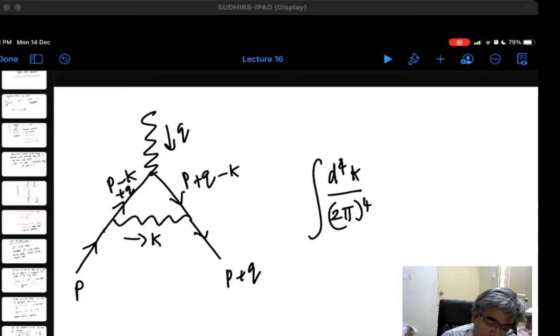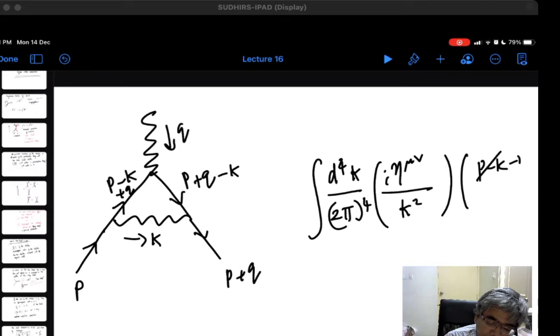So let's do the propagator. Let's just do the propagator's k square. I'm just writing the factors, not explicitly writing everything. So there will be a propagator for the photon, and then there will be a propagator for the electron, square, and then P plus Q minus K plus MF.